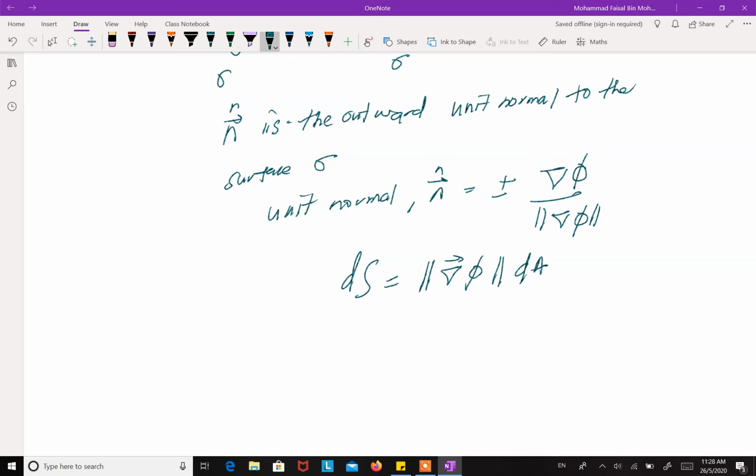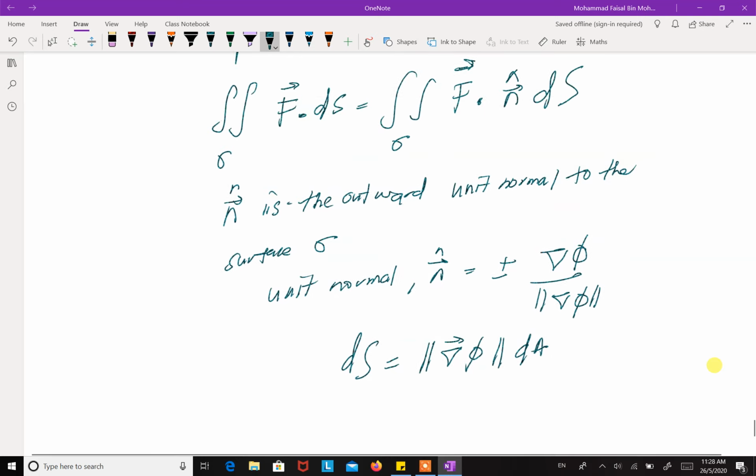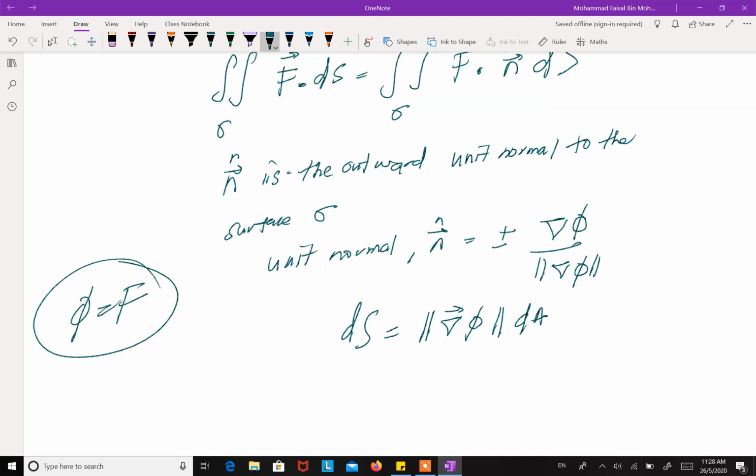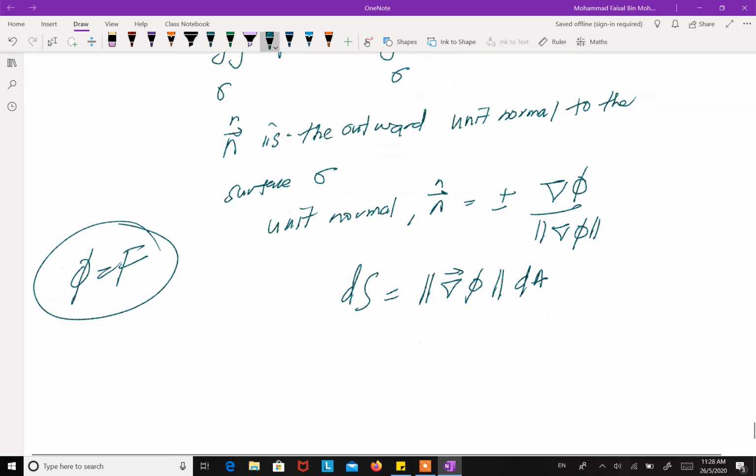Okay, so sometimes this phi is equal to F. It is just a dummy variable, we can use any letters.